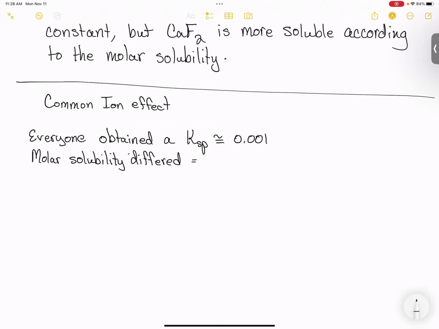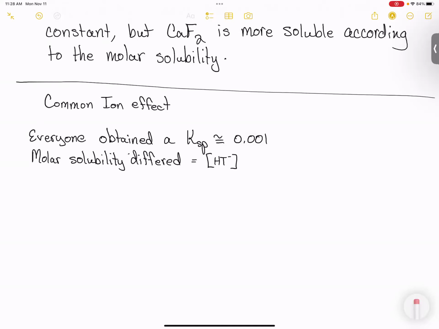This, folks, was equal to, you did KHT. This was equal to the HT concentration. Well, no, we're not going to go with K concentration. It was equal to the HT concentration. What you would notice is that your molar solubility did differ.